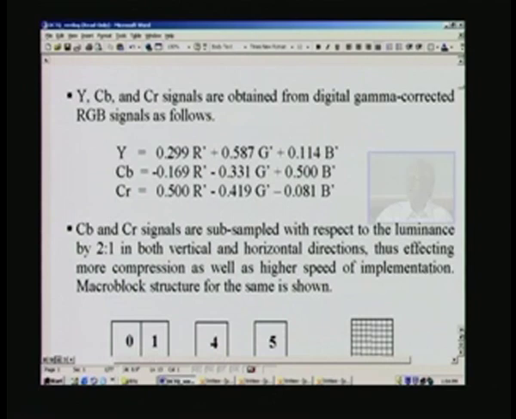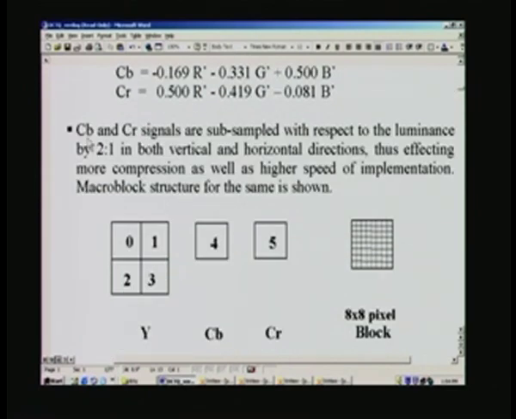Another important thing here, I will read this out: CB and CR signals are subsampled with respect to the luminance by 2:1 in both vertical and horizontal directions. I will explain this in a minute, thus affecting more compression as well as higher speed of implementation, and the macro block structure for the same is shown here.